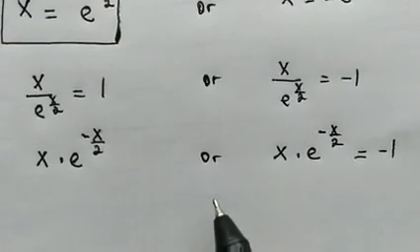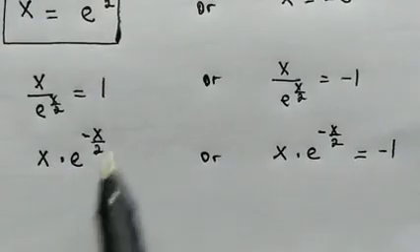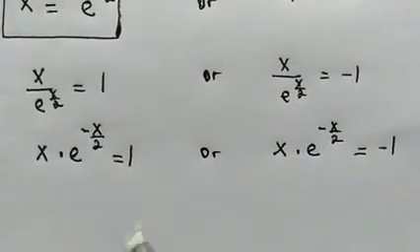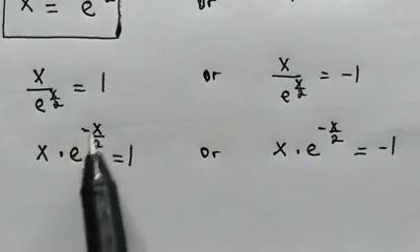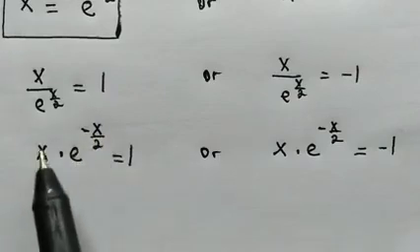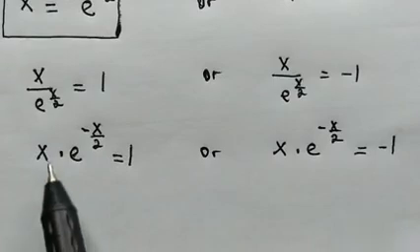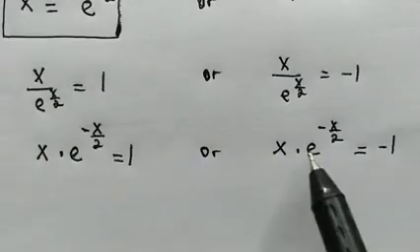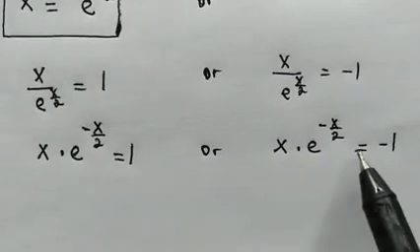Now, in our next step, let us make the power of e equal to the coefficient here by multiplying both sides here by negative 1 over 2. And for this part, we'll multiply by just 1 over 2.